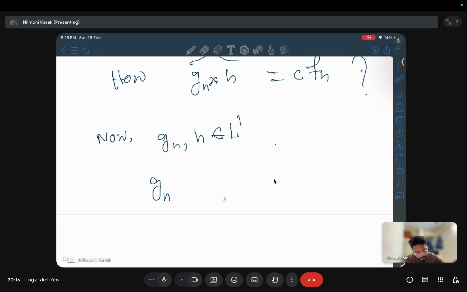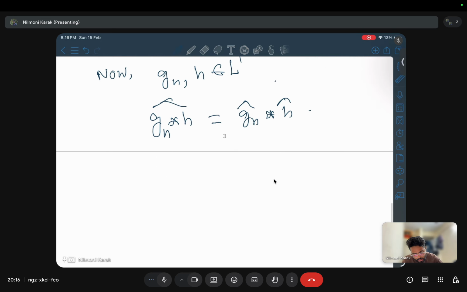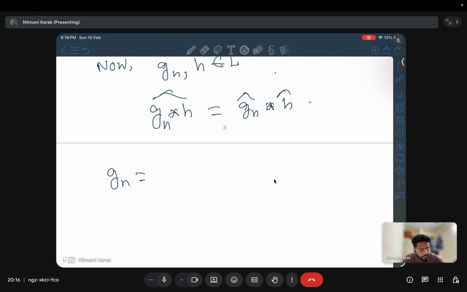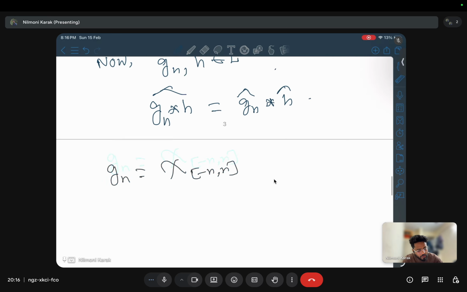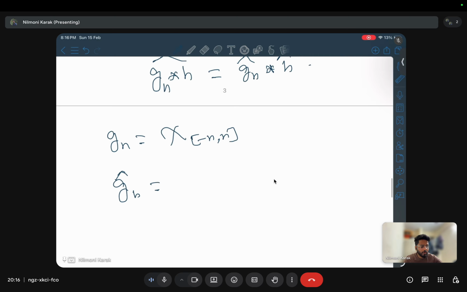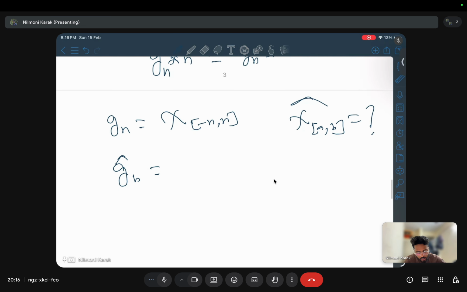We already have seen that gn star h hat equals gn hat times h hat. Now what is gn, chi from minus n to n? So what is gn hat? Already we have seen the chi a b hat, so from there we can write, here a equals to minus n, b equals to n.